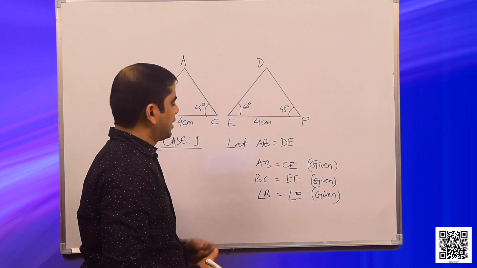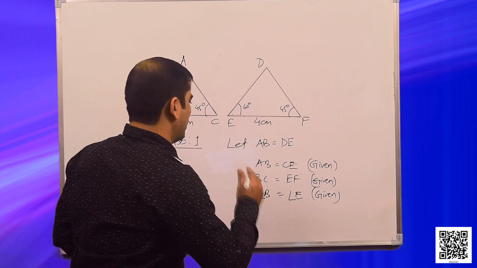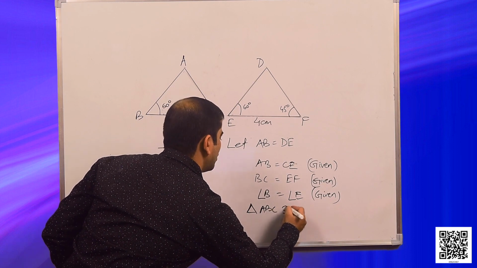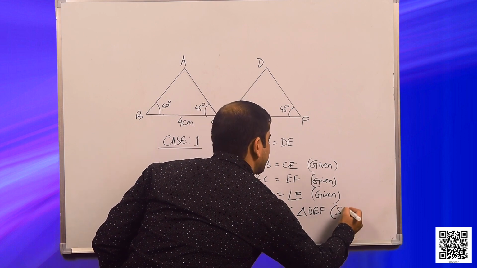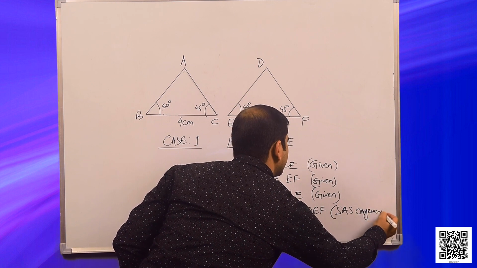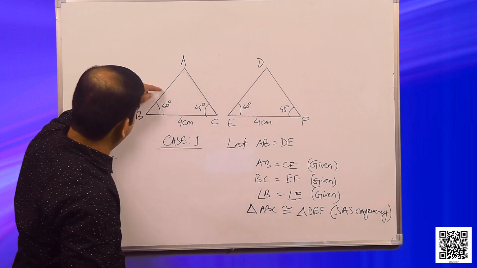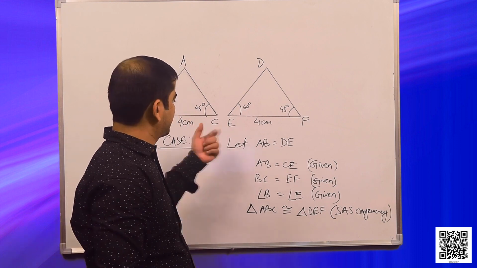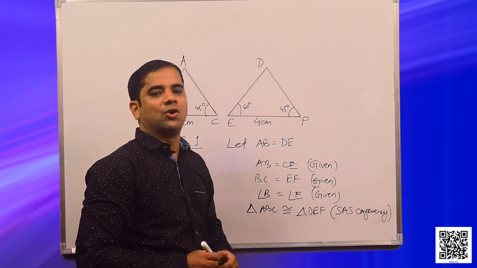So, we have three data: two sides are equal and their included angles are also equal. That means triangle ABC is congruent to triangle DEF as per SAS congruency. Side, angle, side. Okay? So, these two triangles as per case 1 are congruent to each other following the SAS congruency.